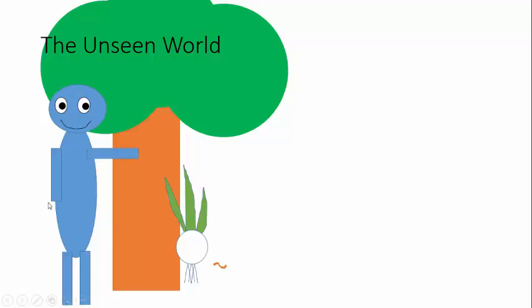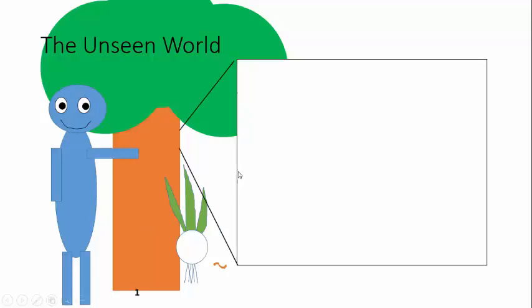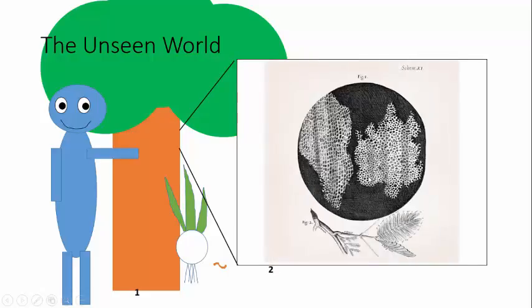Well, a scientist by the name of Robert Hooke had access to a microscope, which makes small things bigger so we can see them. He looked at some cork or bark from a tree, and he saw what to him looked like the rooms in a monastery that monks live in, which are called cells.